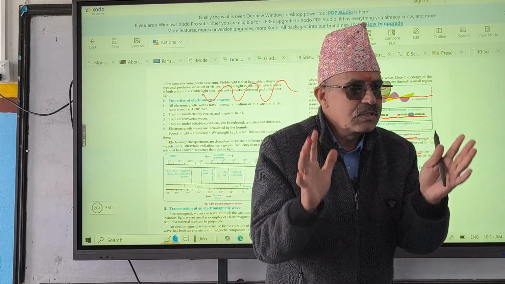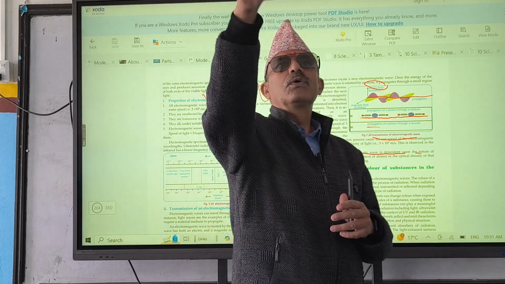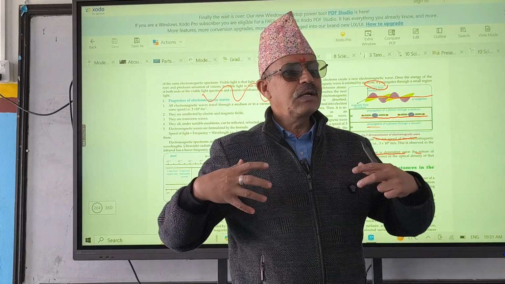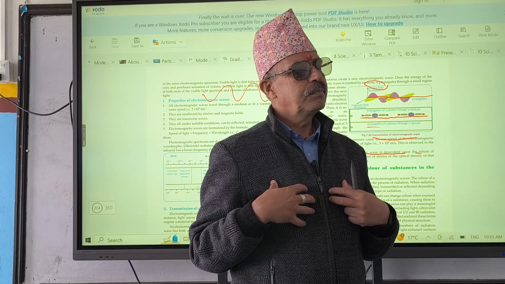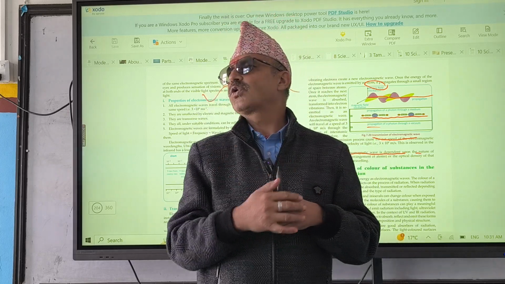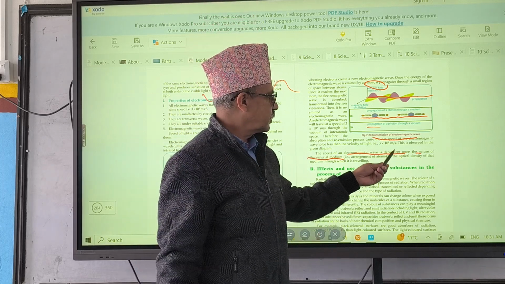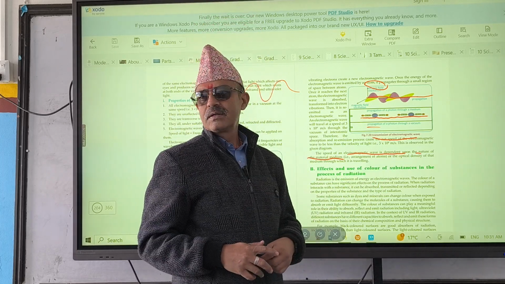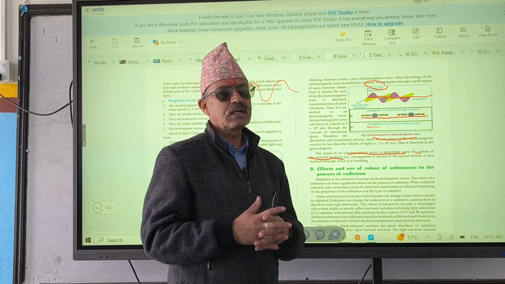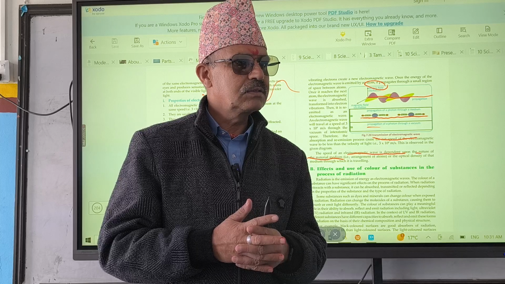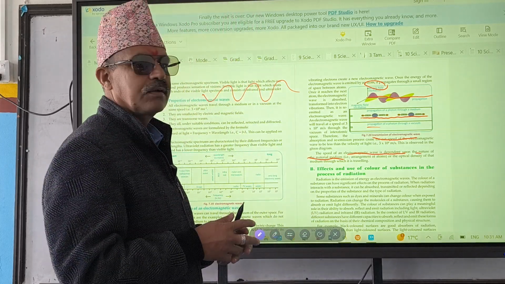But if an X-ray machine is kept here, and if you go outside of this wall, can we get the X-ray of our bones? Because that is opaque, X-rays cannot pass. That's why it is said it depends upon the nature of the material. If loose atoms or loose materials are there, electromagnetic waves can pass fast, otherwise they cannot.